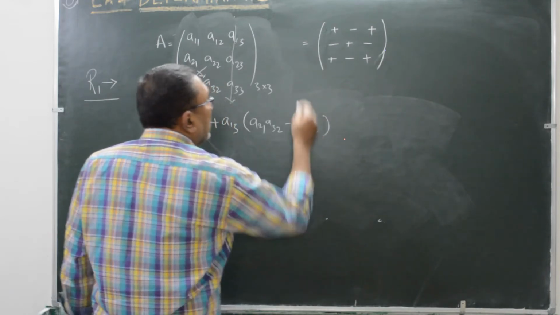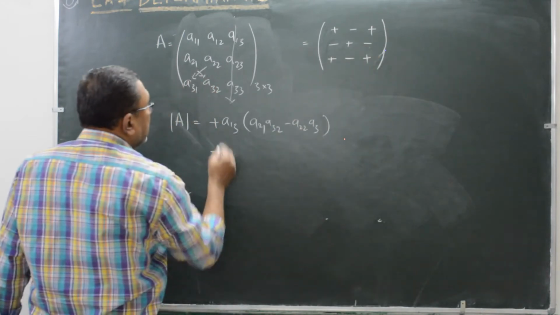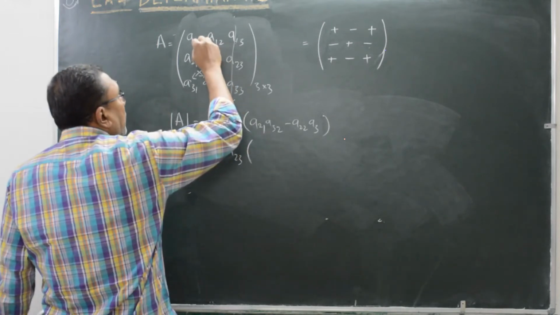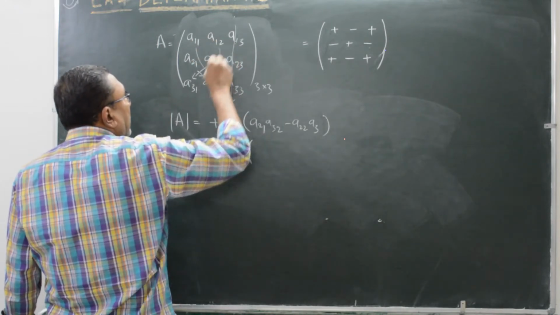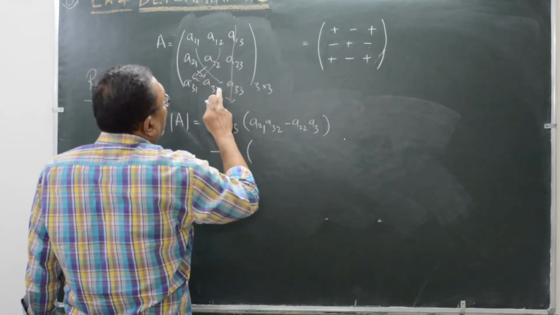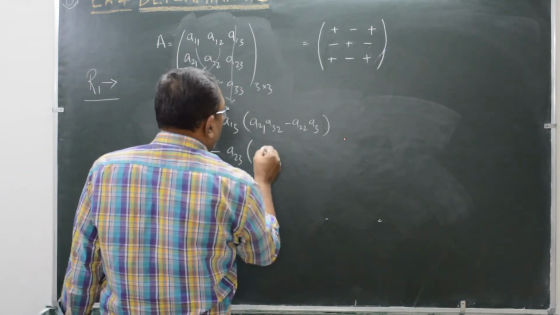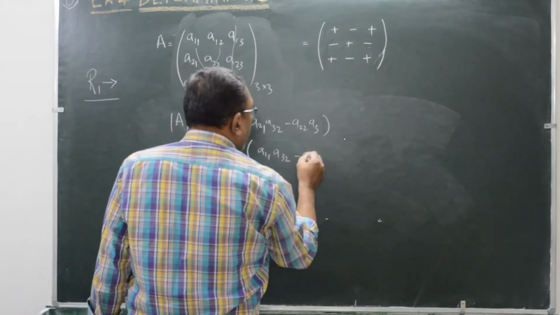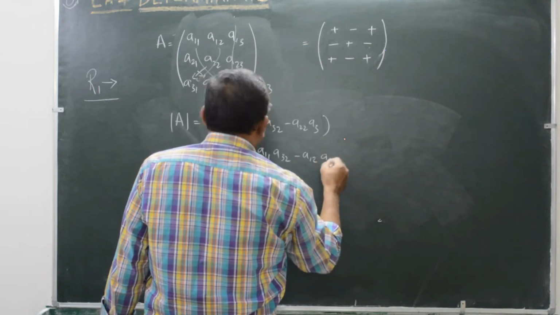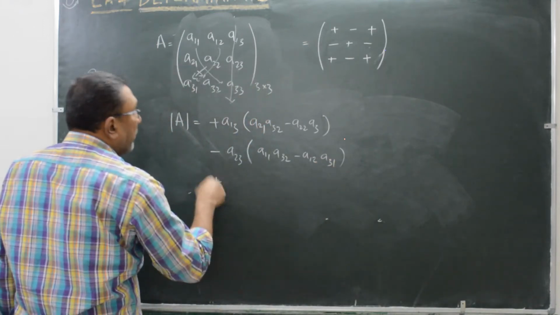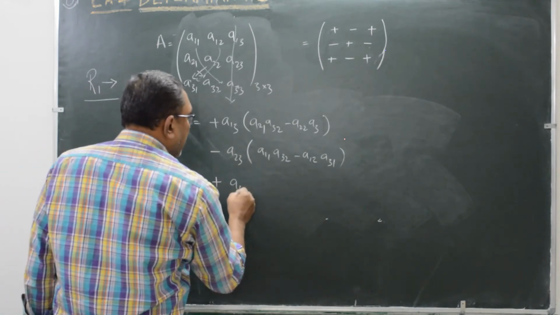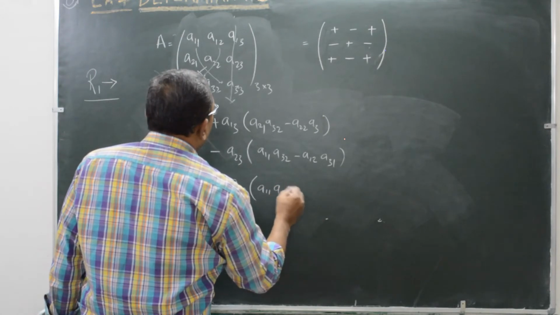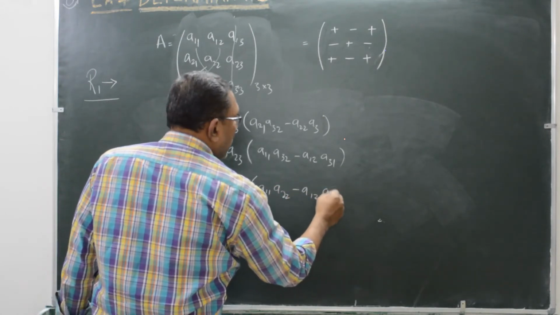And here it is minus A23, then these elements: A11 into A32 minus A12 into A31. Similarly, when taking the last one, A33, it will be A11, A22 minus A12, A21.